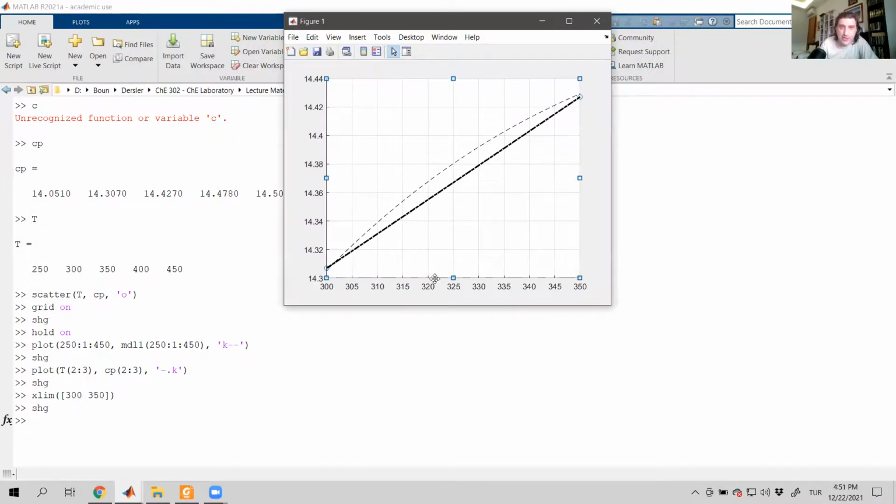All right, so 320 is this point here that I predict using my linear fit. On the other hand, if I were to use a third order polynomial, this value would have been here. So this is going to contribute to uncertainty, because fitting different models to the data at hand would result in different predictions of the new point.